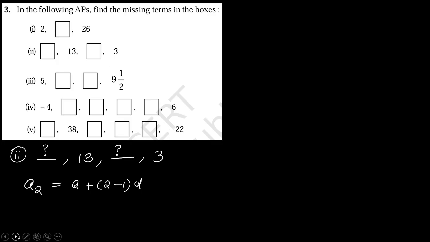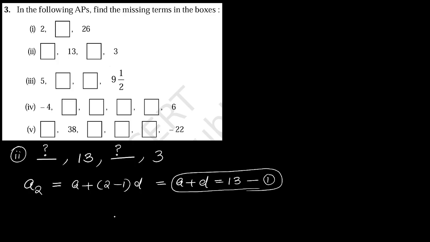Second term with this formula is a plus d. It is given as 13. A plus d equals 13, equation number 1. I got one equation.